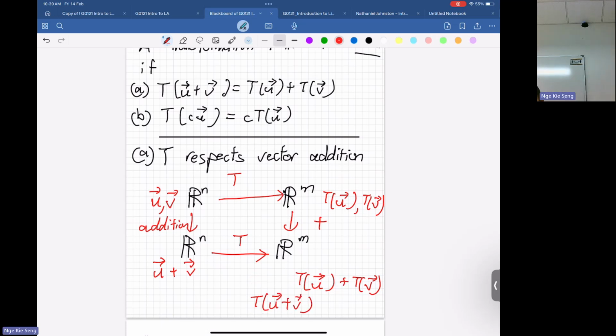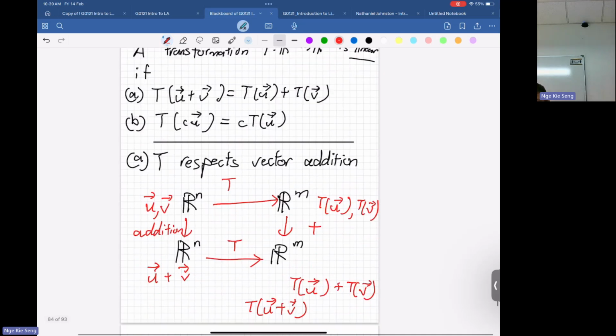But for a linear T, these two things have to coincide. So T(u plus v) and Tu plus Tv are two ways to reach Rm, but when T is linear, these two things have to be equal. Does it make sense?